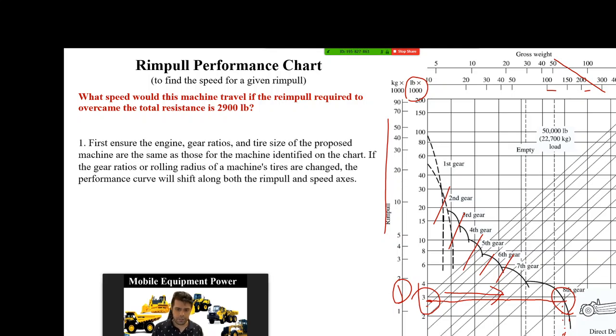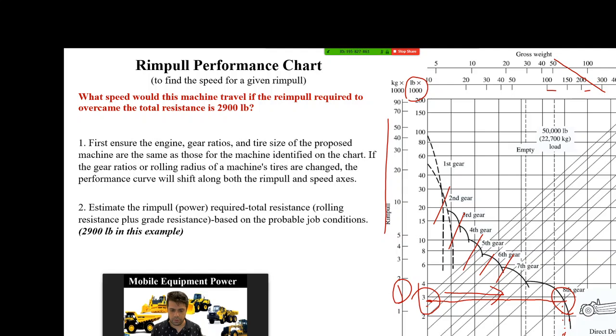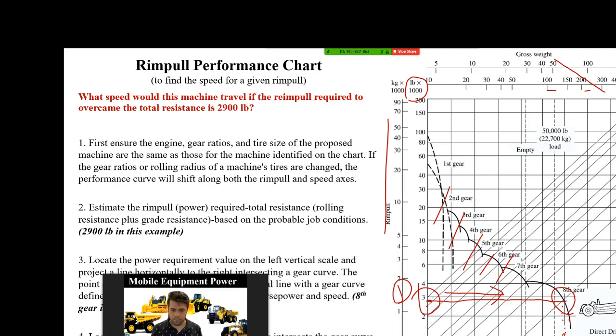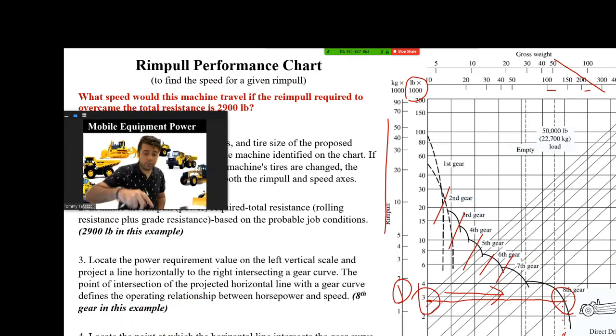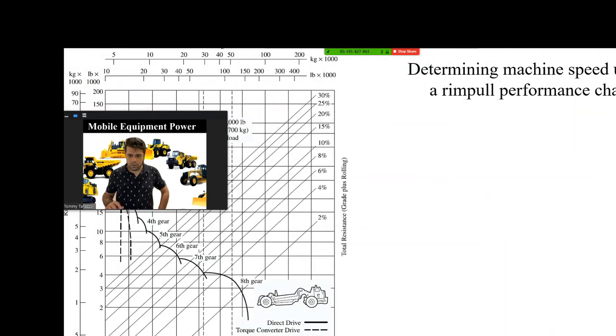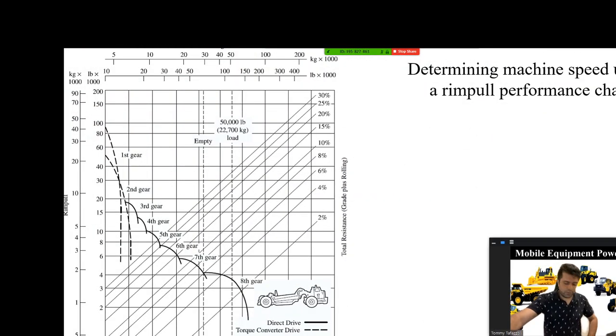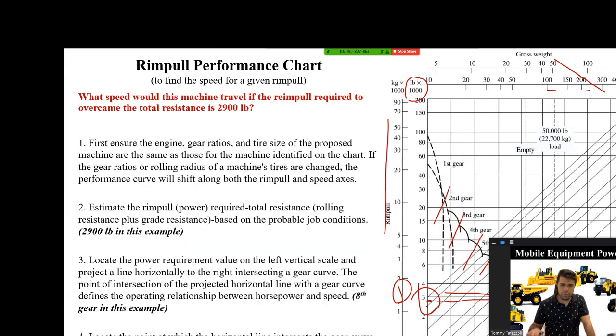So here are the explanations if you need to do it later at home. I mean, if you want to review it later using the slides, without the video, you could read the text. All right, so determining machine speed using a rim pull performance chart. So what did we do in the previous example?